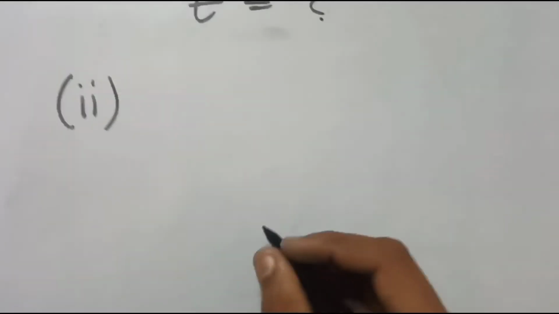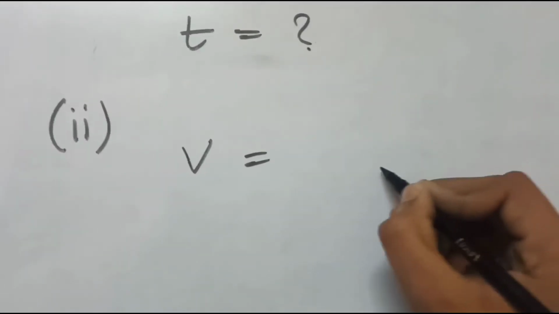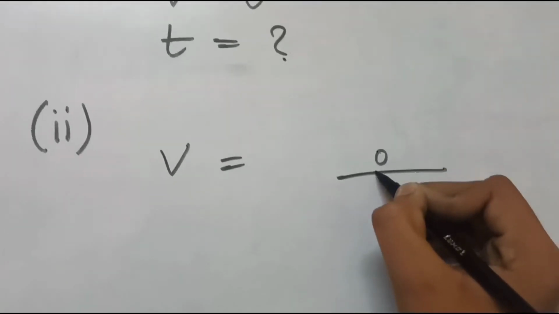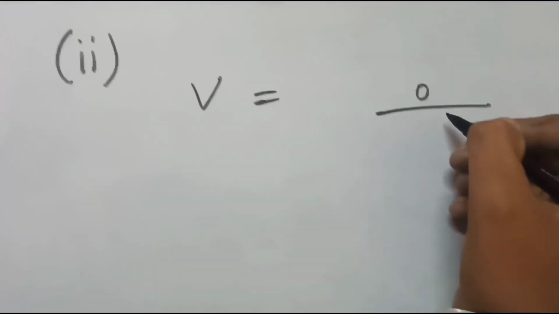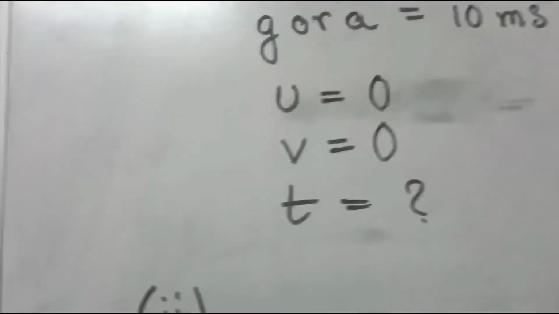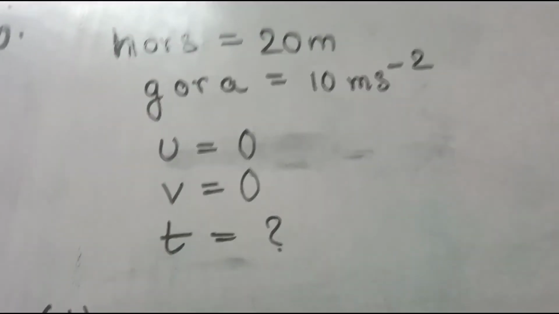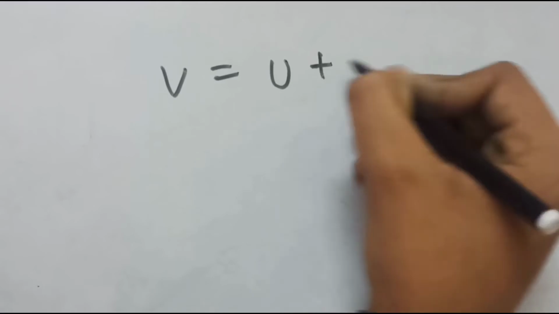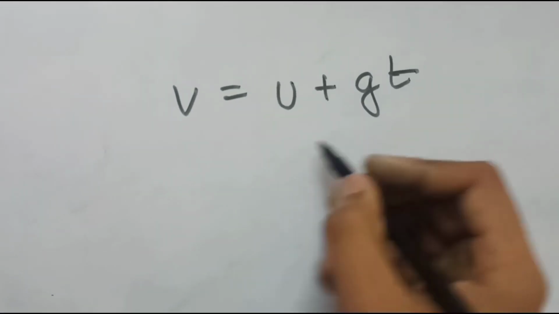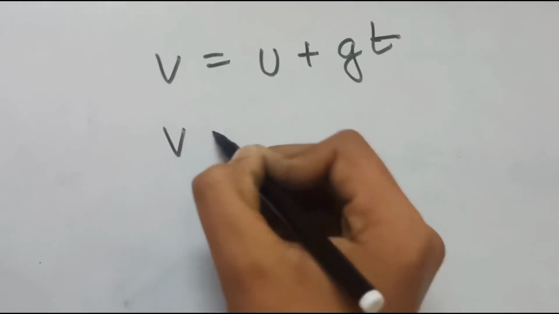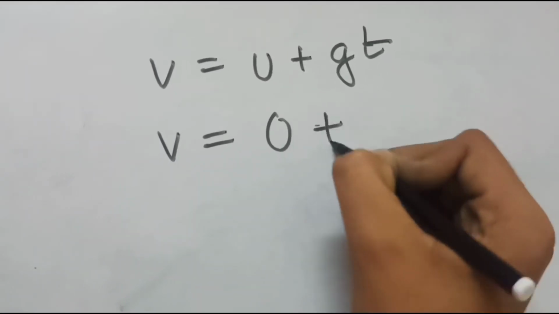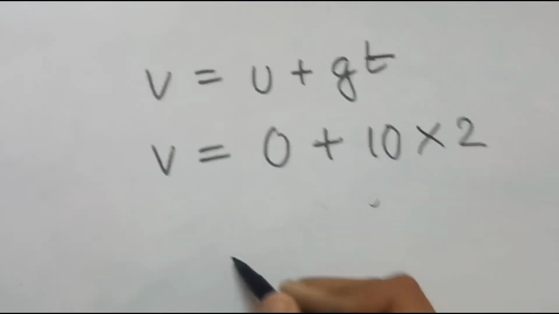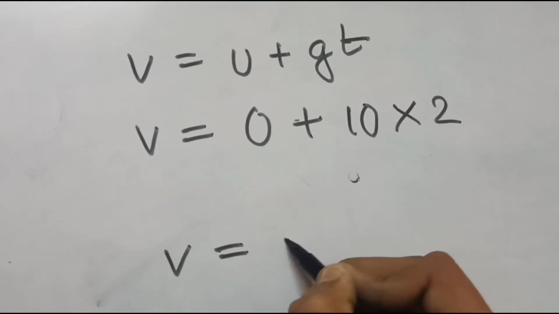Now in the second part of this question 40, we have to find the final velocity of the stone that was dropped, just before hitting the ground. What will be its velocity at this stage? So again, to find this we know all these values. To solve this question we will use the equation v is equal to u plus gt. So v is what we have to find, u is 0 plus 10 into 2, so v is equal to 20.